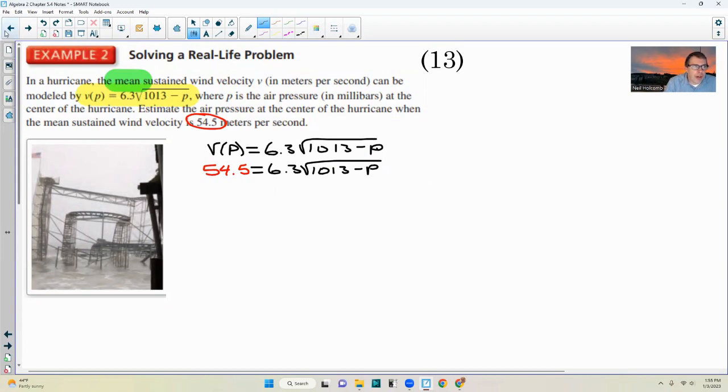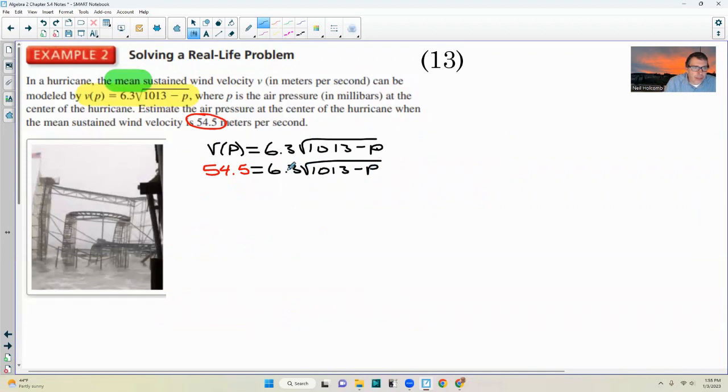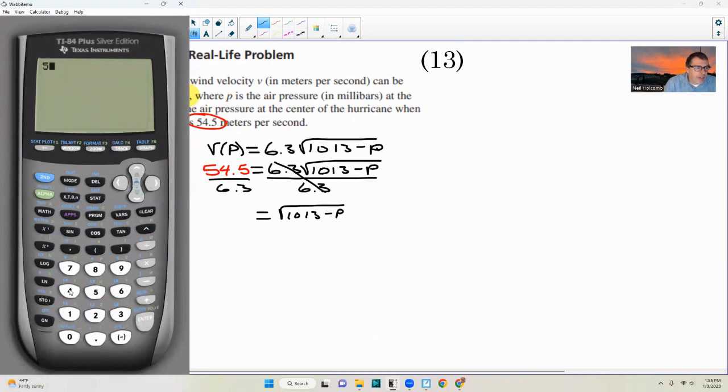Okay, so remember our steps. I'll go back one. One, isolate the radical. The radical is not alone. It's got a 6.3 being multiplied outside. So I'm going to isolate the radical by dividing both sides by 6.3. These will cancel, and I'm going to get the square root of 1013 minus P. And if I get my trusty calculator out and take 54.5 divided by 6.3, I get 8.650793651, blah, blah, blah.